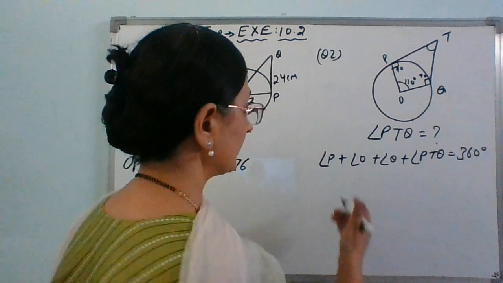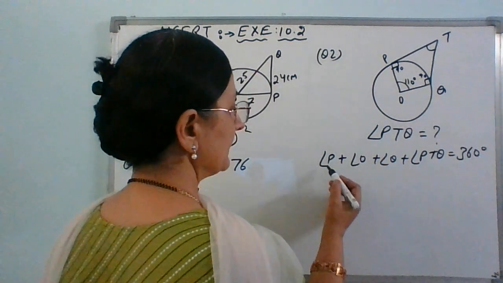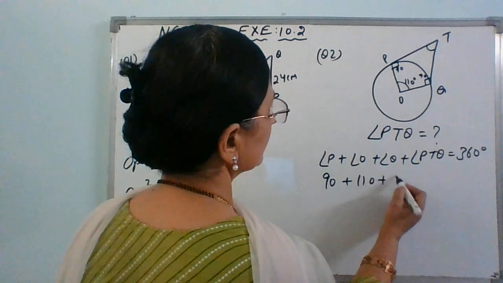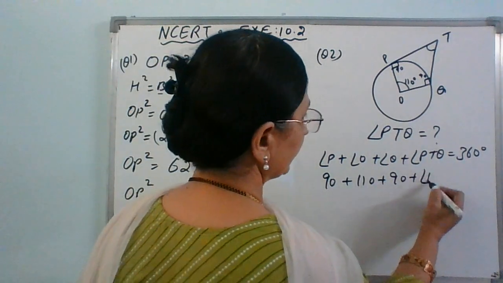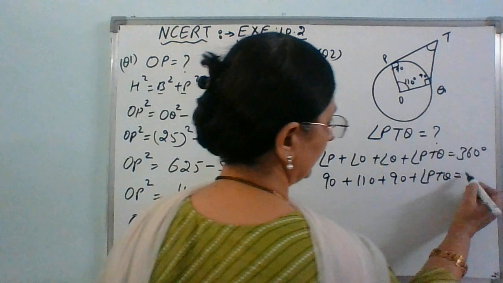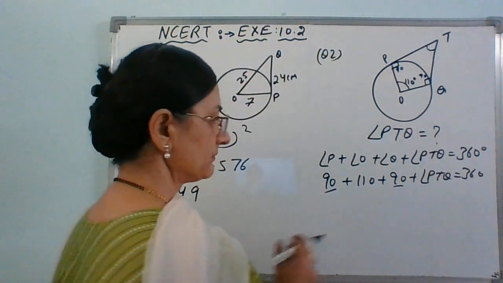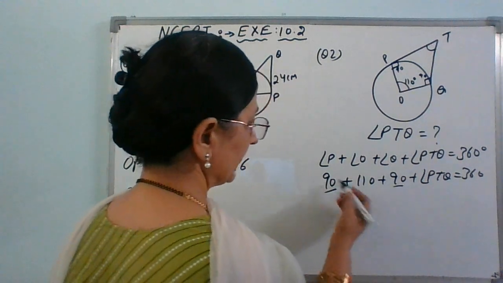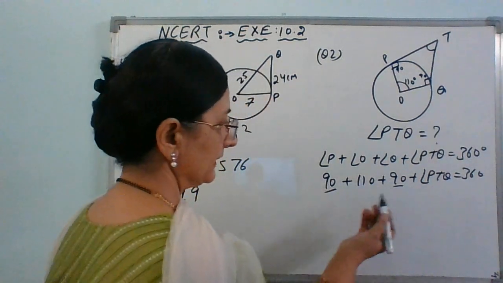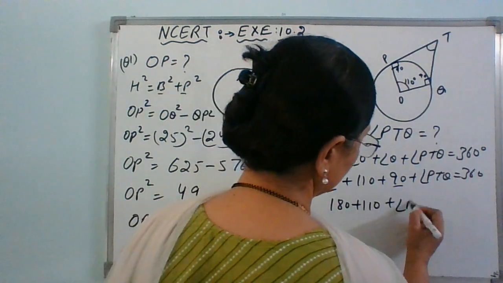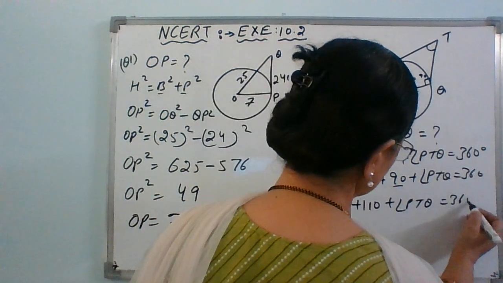There are certain formulas from which we find those angles. So here angle P is 90, plus O is 110, this is again 90, and this is PTQ, which you are supposed to find, right? So just add them here, then subtract. 90 and 90 is already 180, right? 180 plus 110 plus angle PTQ is equal to 360 degrees.